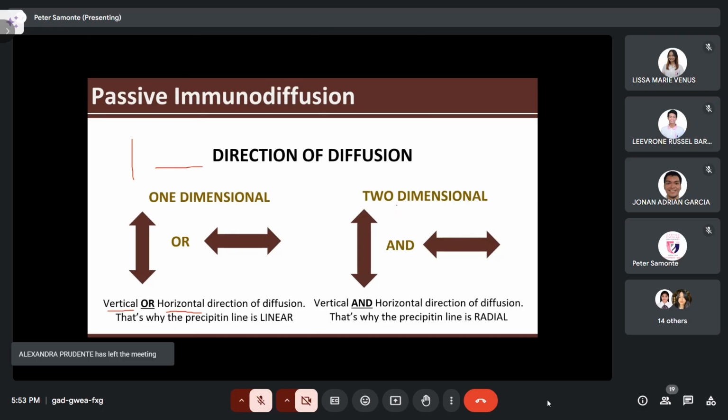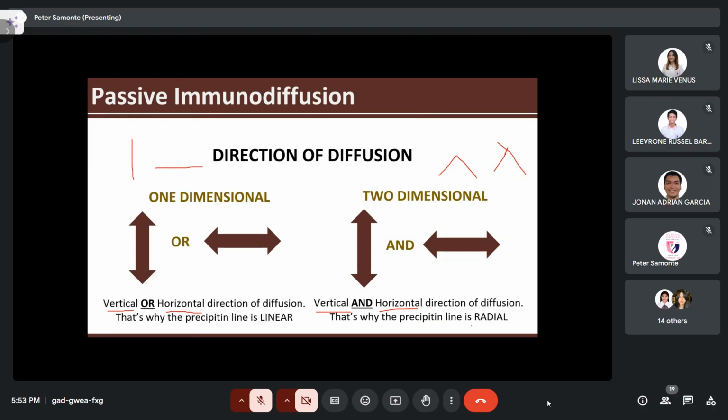Kapag naman two-dimensional diffusion, it could come as either vertical and horizontal. Let's say, ang possible result ng movement ng lines mo would become like this. Or pwede ding ganyan. So that's the two possible results in a two-dimensional diffusion.